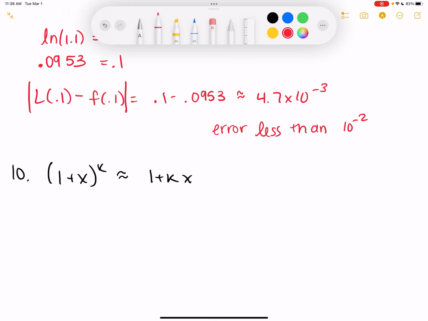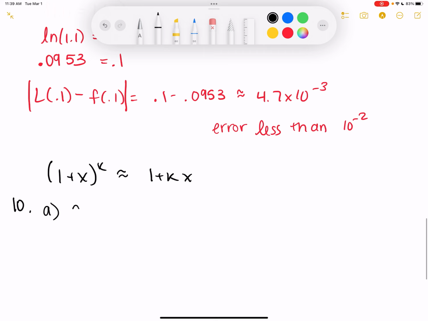Okay, so that's just the instructions there. It's 3 separate questions technically under this. So A is f of x equals 4 plus 3x to the 1/3.